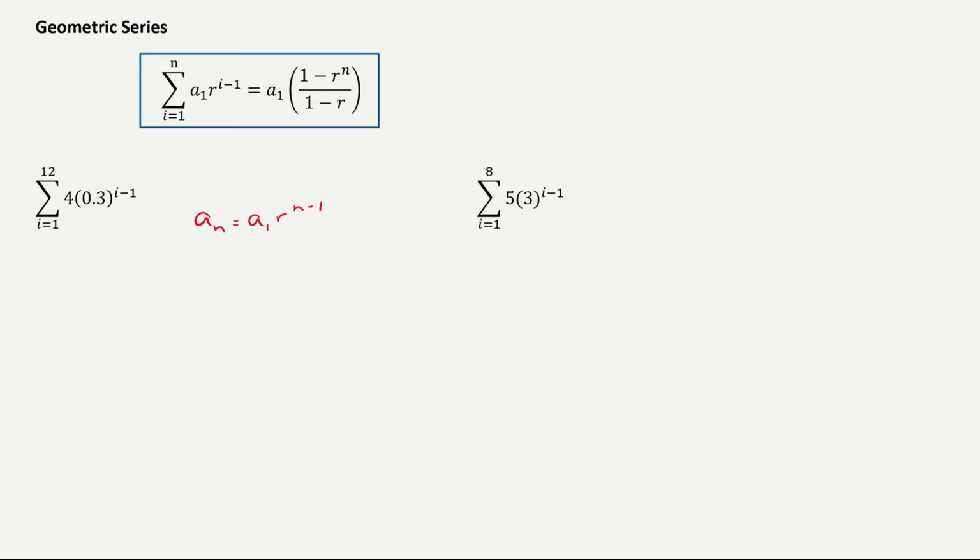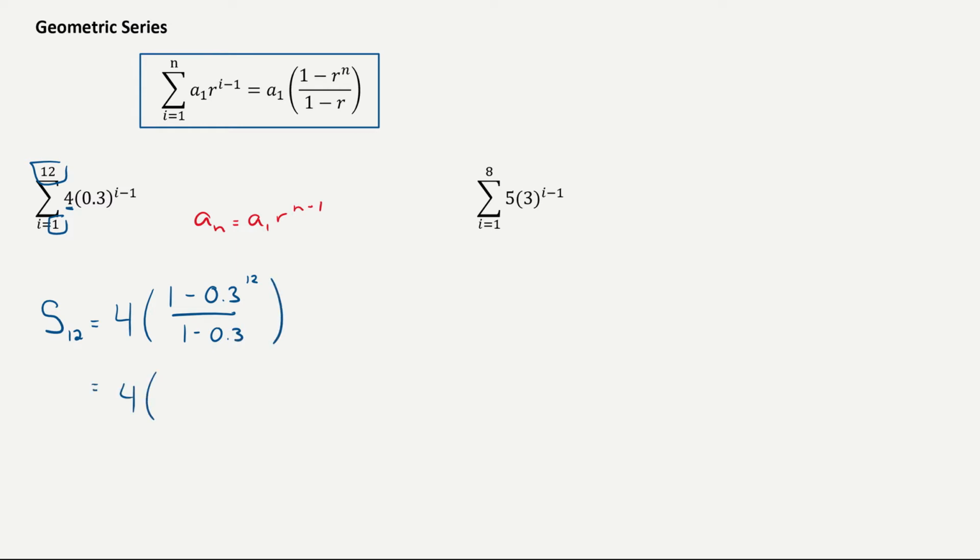In the first one, we have the geometric rule 4 times 0.3 to the i minus 1, and we're finding the sum from 1 to 12. As the formula says, S sub 12, the partial sum of the first 12 terms, is equal to the first term, which is 4, times 1 minus the common ratio to the nth power, so that's 12 because we're finding the sum of the first 12 terms, over 1 minus 0.3, 1 minus the common ratio.